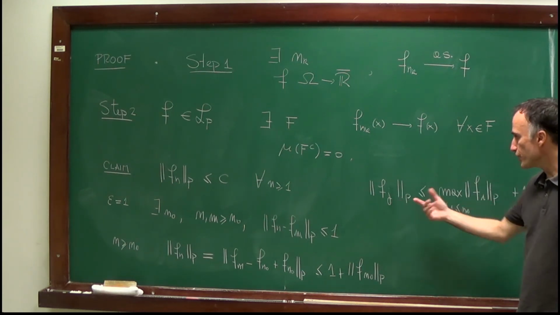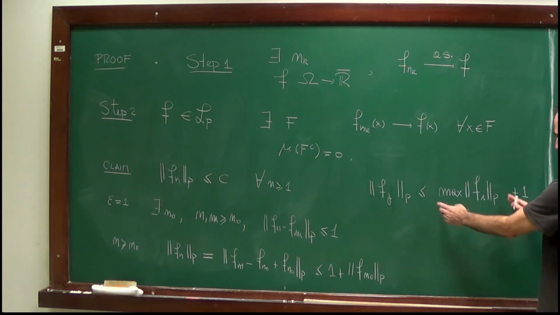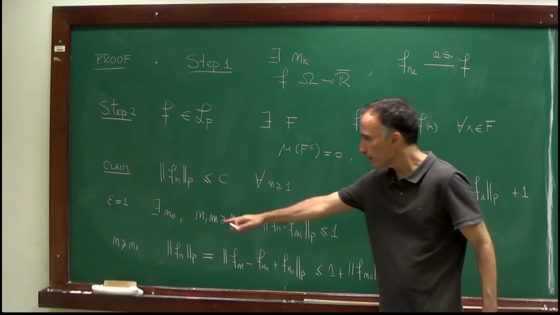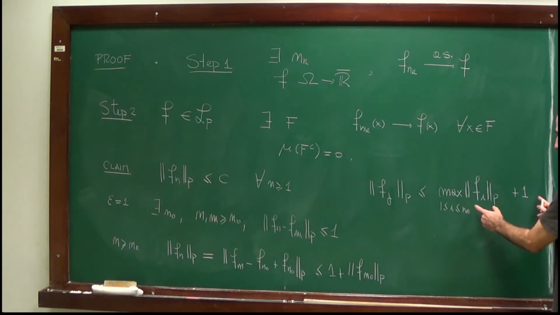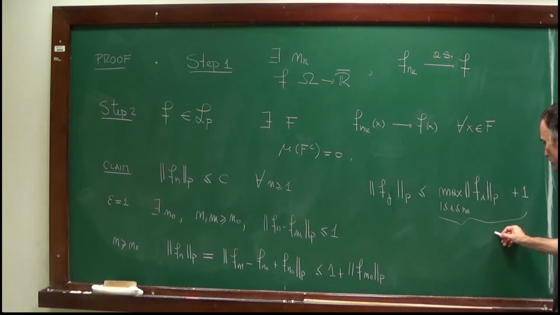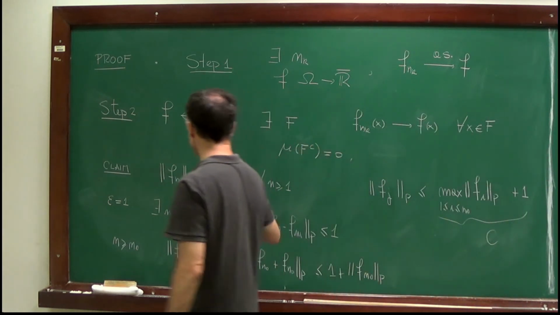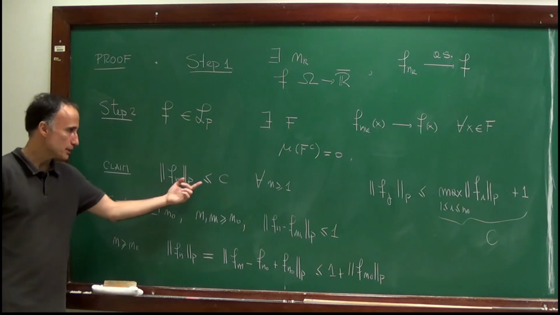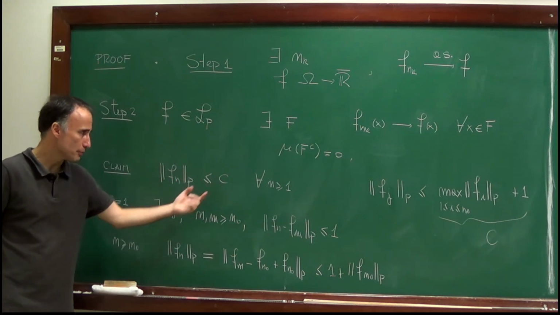Because for all j smaller than n0 we have that trivial bound, and for j larger than n0 we have the bound norm of fn0 plus 1. So here is our constant c. This is clearly finite, and we therefore proved our claim that this sequence of positive real numbers is bounded.